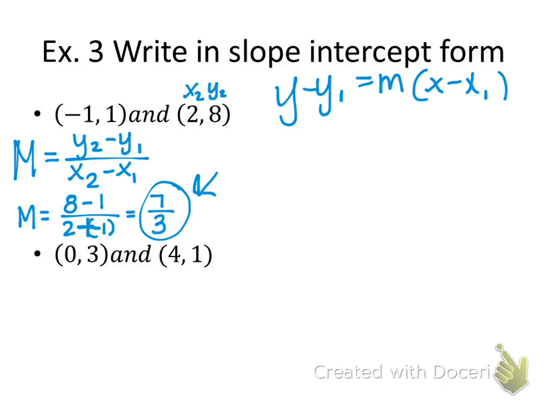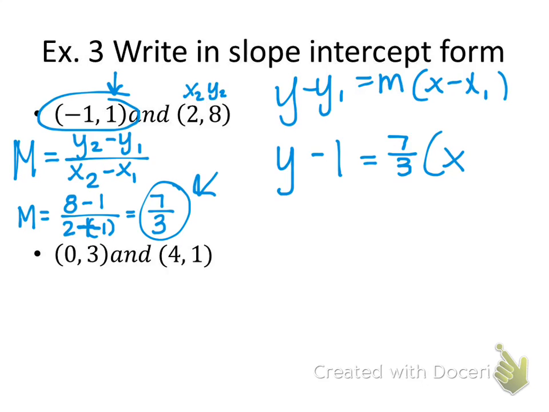And again, I'm going to use this point here. I can use this one or this one. It doesn't matter for x1 and y1. And then I have my m. So I'm going to write y minus 1, because that's y1 there, equals m, which was 7 over 3, times x minus x1. Well, since that's a negative 1, I put plus 1.